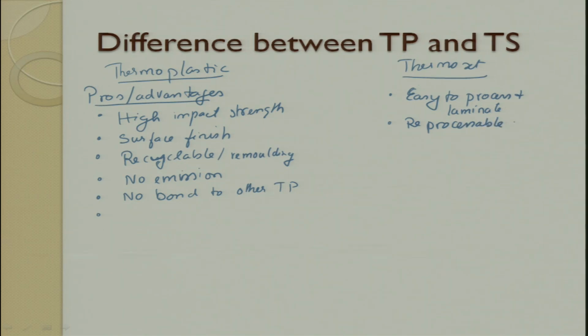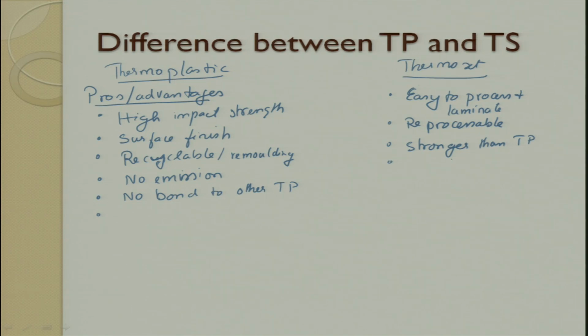If you heat it once and get a final shape, the next time it is going to char. Typically it is stronger than TP. Keep this in mind, it is strength wise stronger than TP, but thermoplast has more impact resistance.